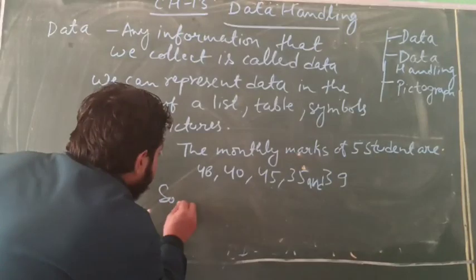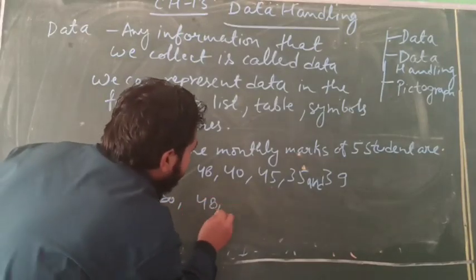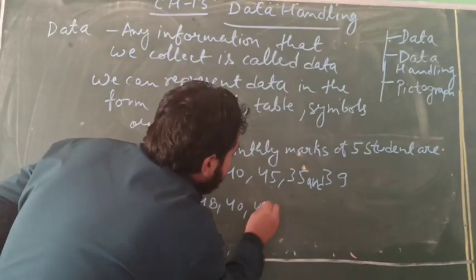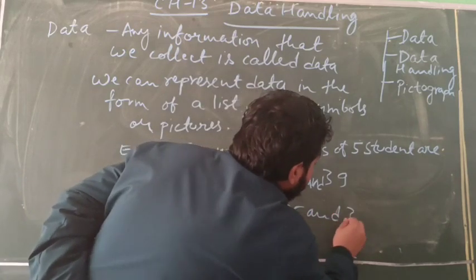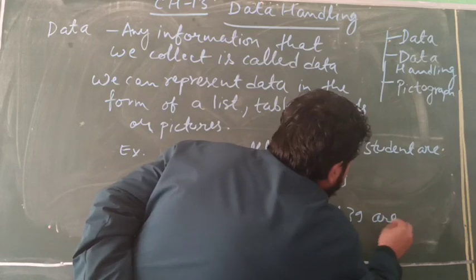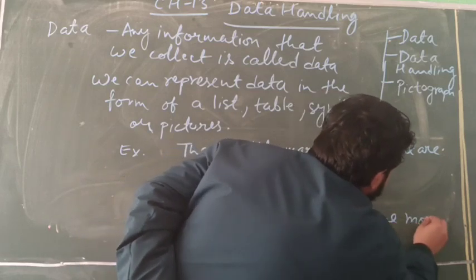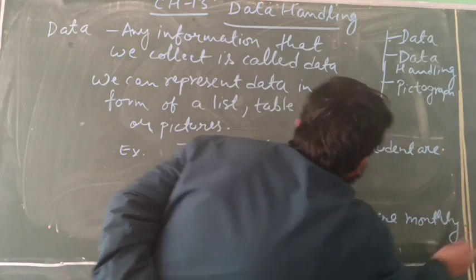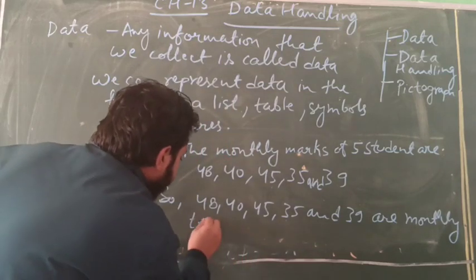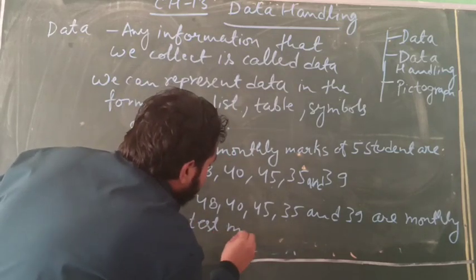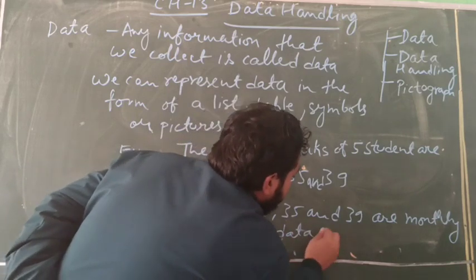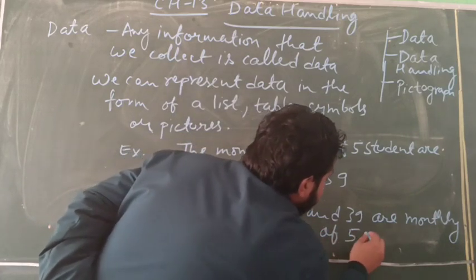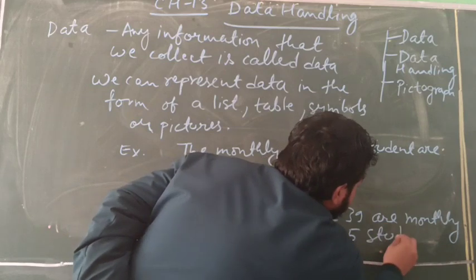So 48, 40, 45, 35 and 39 are monthly test mark data of 5 students.